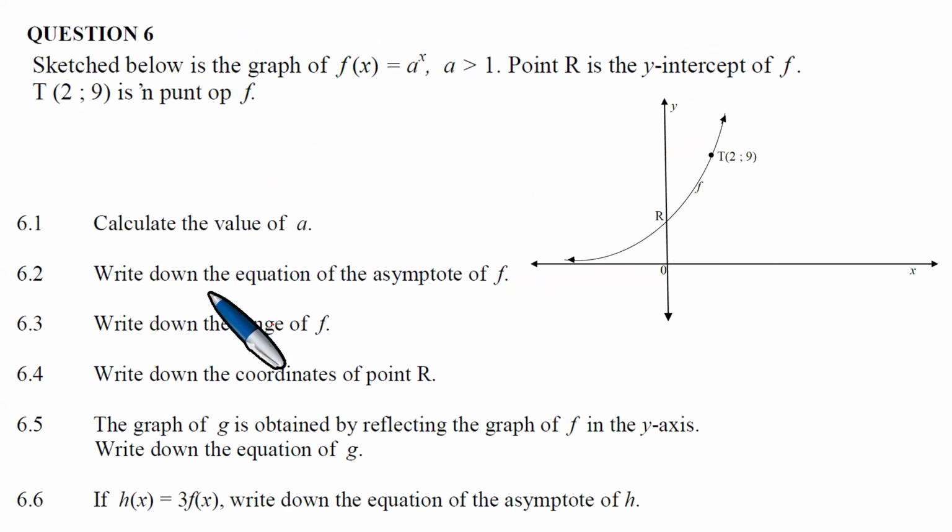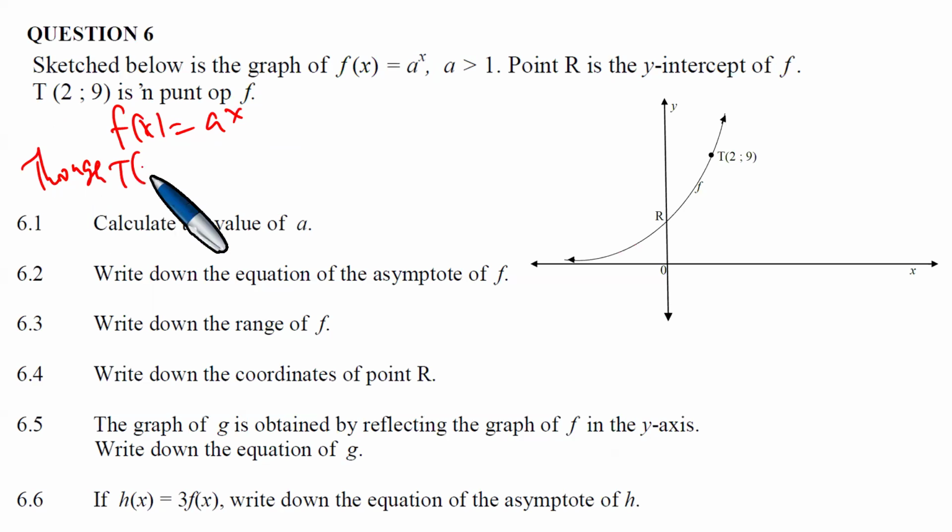Right, to find the value of a, there are a couple of things that you need to consider. You have the function f of x, which is a to the power x, but this function itself passes through the point, which means you have x and y, which means y is 9, a to the power x is 2.